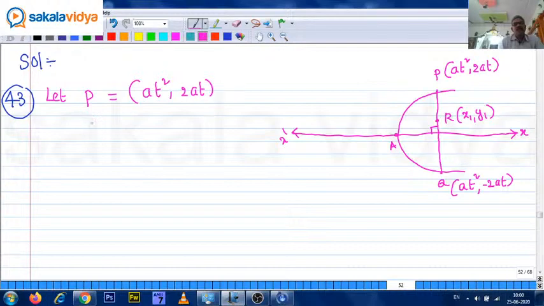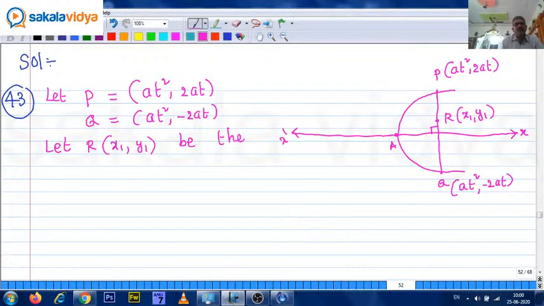Since PQ is the double ordinate, Q becomes (at square, minus 2at). Let R(x1, y1) be the point of trisection of PQ, which is the double ordinate.